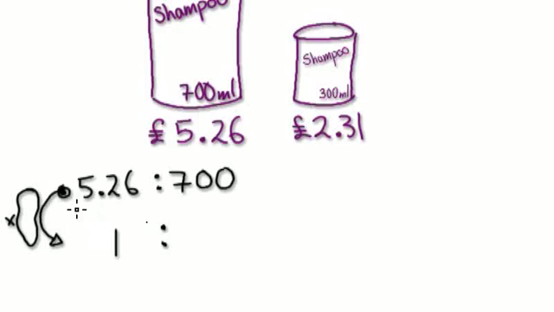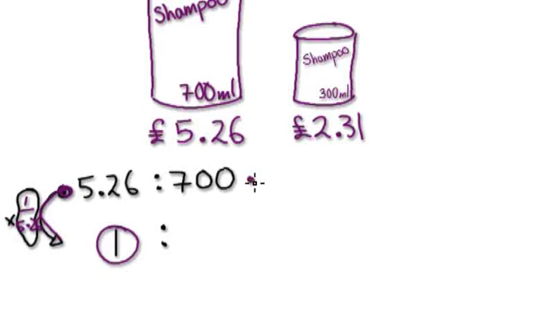Well, this multiplier here would be destination, which is 1, divided by original here. So that would be 5.26. You see, if you start here and then you times by 1 over 5.26, it would take you to the 1.